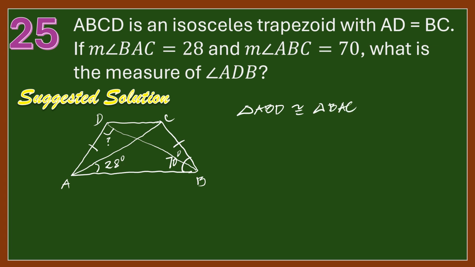And from CPCTC, corresponding parts of congruent triangles are congruent, we say that angle ADB is congruent to angle BCA.